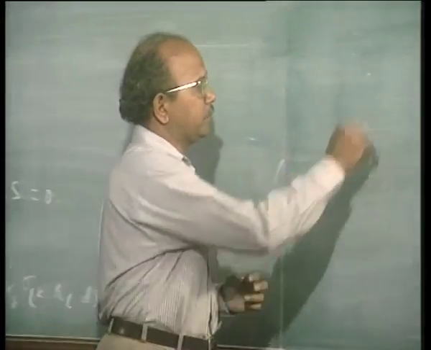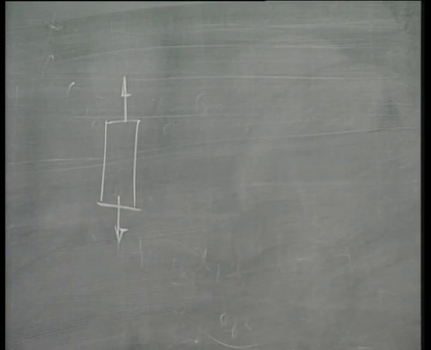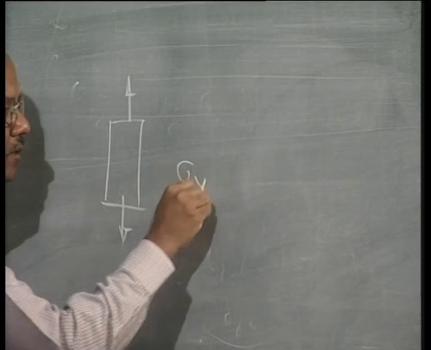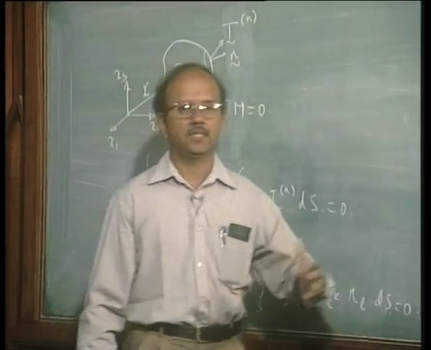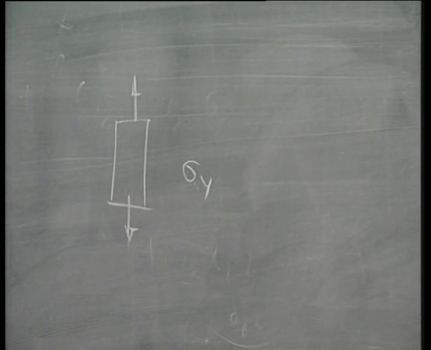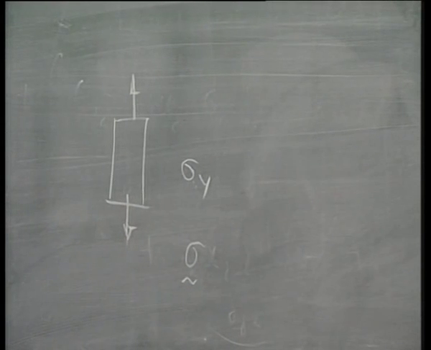Now, all of us know that standard tensile tests are done with different specimens, and you have what is called the yield strength of the material, sigma y. In other words, what we find from tests is given by one quantity called the yield strength. The question is, you have defined 9 quantities and called them by various names, say tensors and all that.